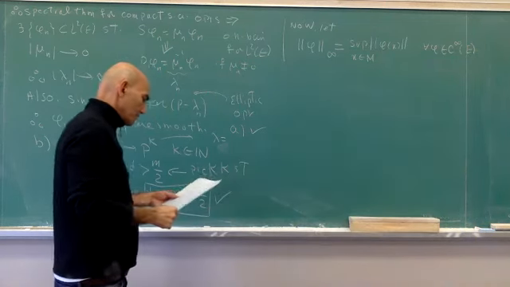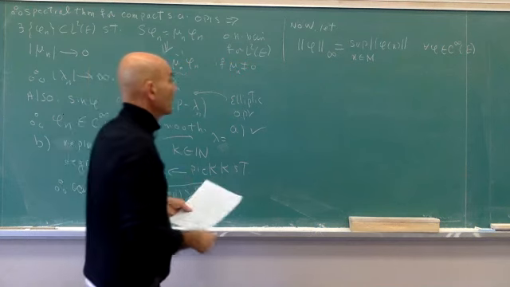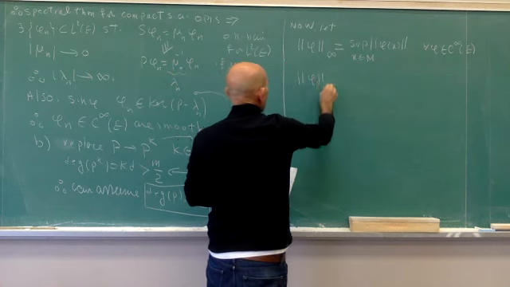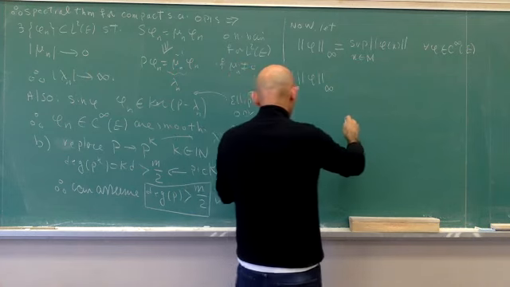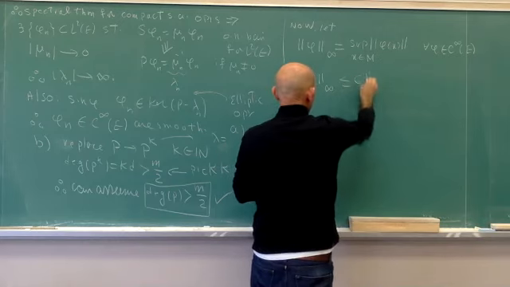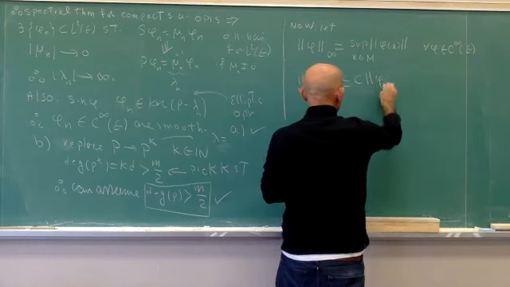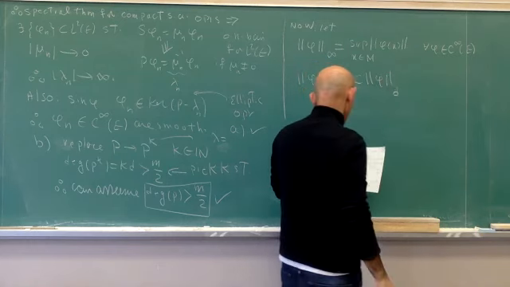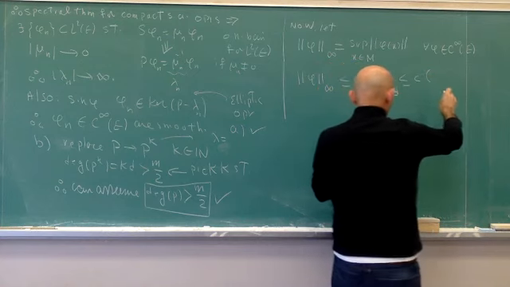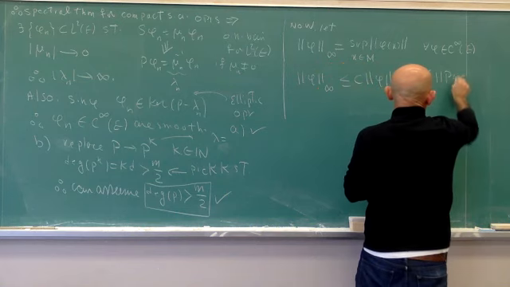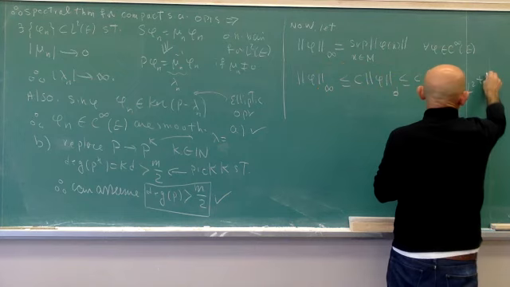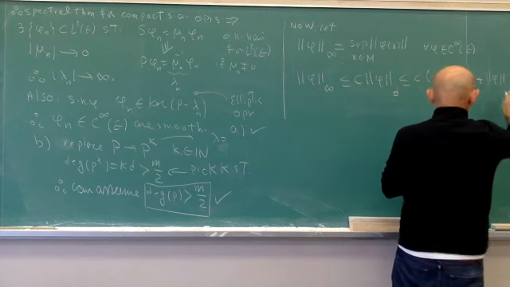So now we can derive this. Then norm phi infinity is less than or equal to some C times norm phi d, which is less than or equal to C times norm P of phi in L2 plus norm phi in L2.